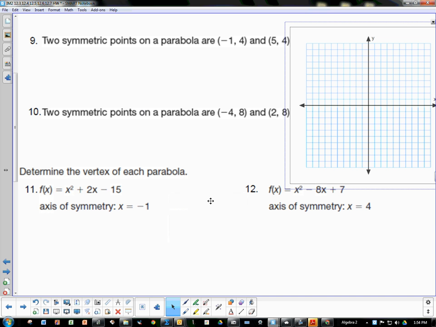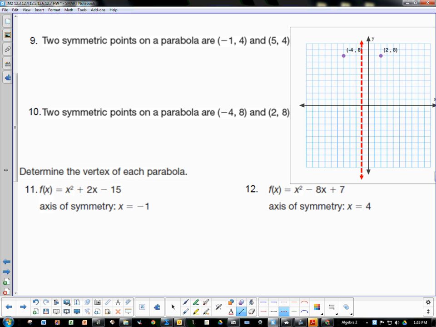All right, let's try this next one, number 10. It states here that we have two symmetric points on the parabola: -4, 8, and 2, 8. So -4, 8 happens to be right there. And then we have 2, 8, here is 2, comma, 8. Now our axis of symmetry is going to be directly between them.